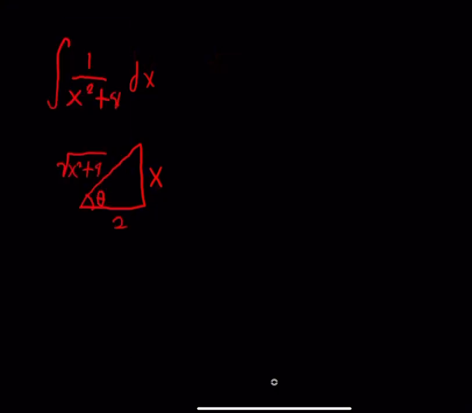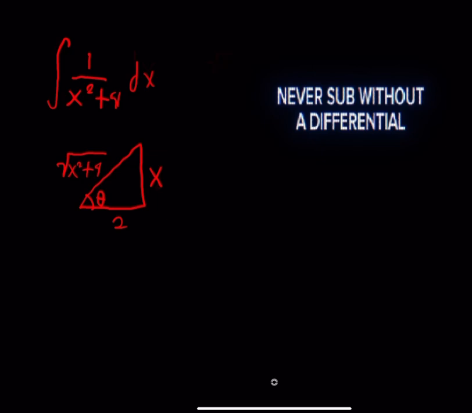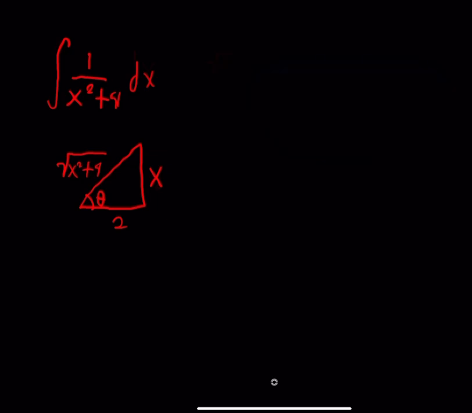And let's attain the differential, which is the second step. So if we're going to do any type of substitution, we're going to need to attain a new differential. Now to do this for trig substitutions, you're going to put the x on one side and theta on another side and differentiate both sides. So here is the opposite, here is the adjacent, and here is the hypotenuse.